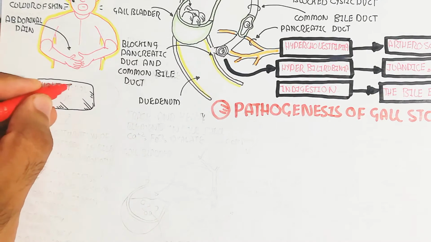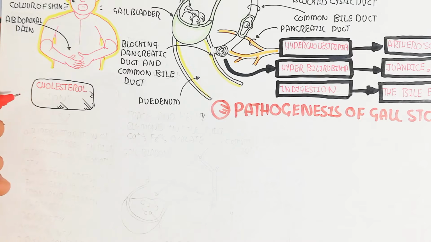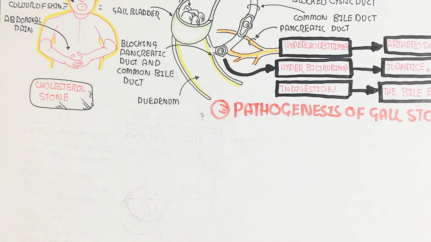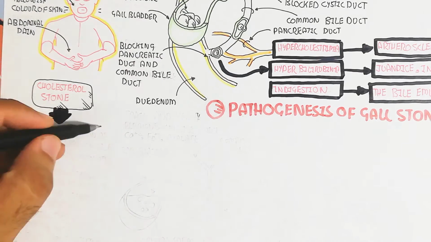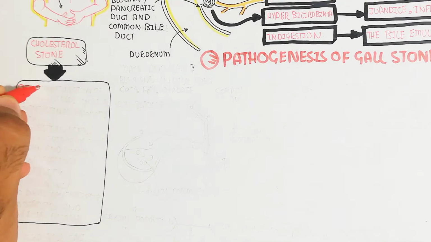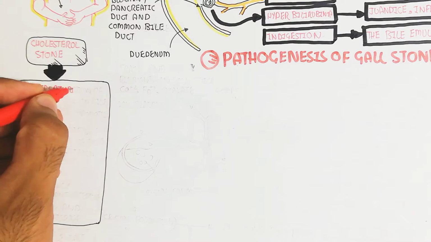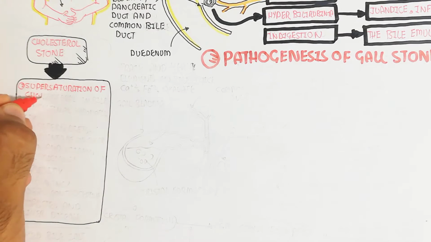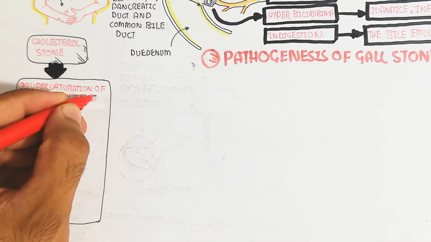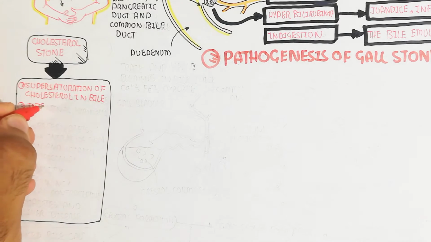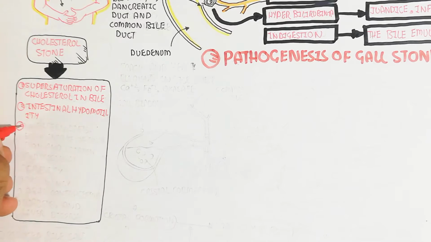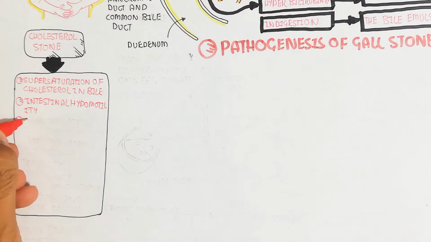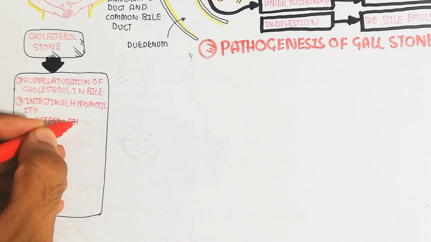So let's begin to understand the pathophysiology of gallstones. The cholesterol stone is triggered by supersaturation of cholesterol in bile. Hypercholesterolemia also leads to supersaturation of cholesterol in bile, which leads to the cholesterol stone.